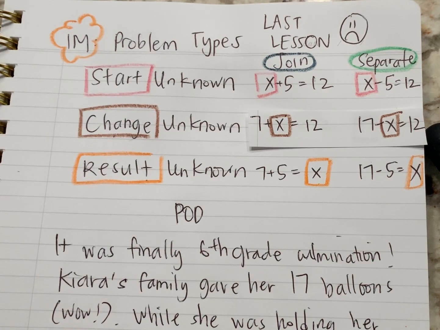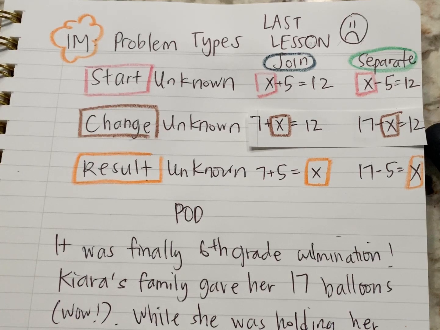This is episode 17, and today I thought I would end with problem types. We actually went over this at the beginning of our distance learning adventure, but I never did a video on it. So I know I assigned you guys a couple things like PODs at the beginning of our distance learning, but I thought I'd end with this video because all of you are moving on to 7th grade, and in 7th grade that's when you start doing pre-algebra and algebra formally.